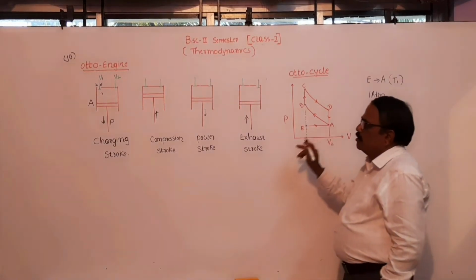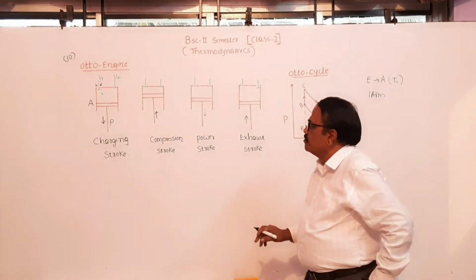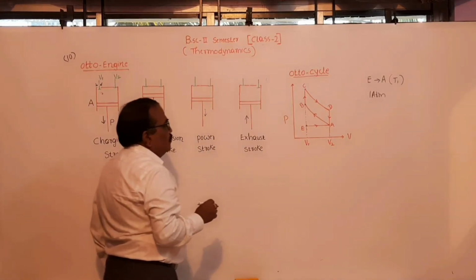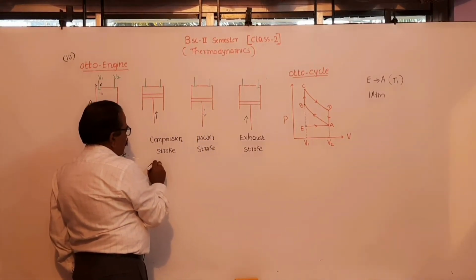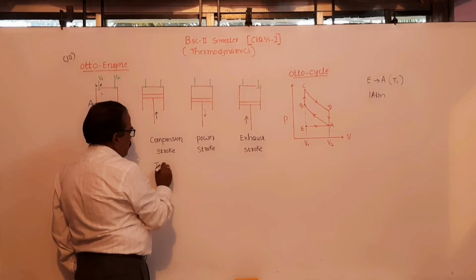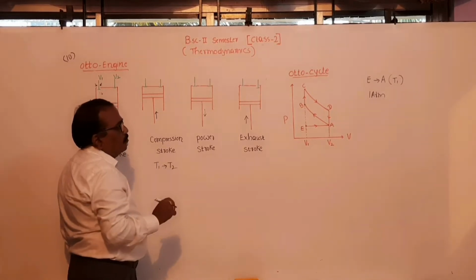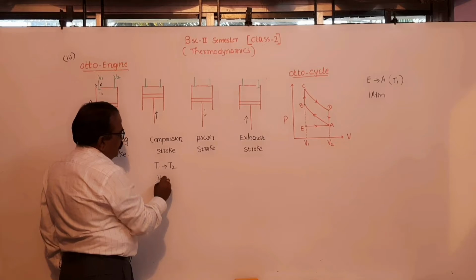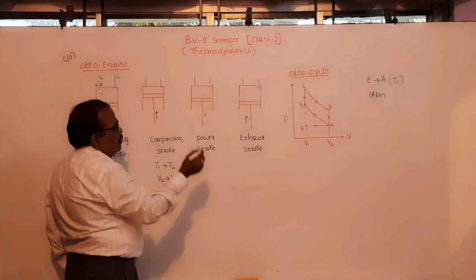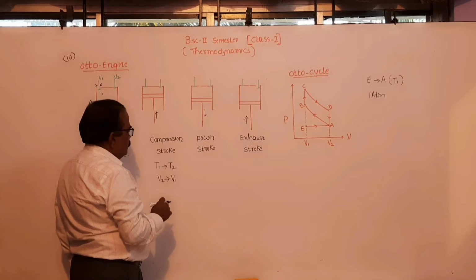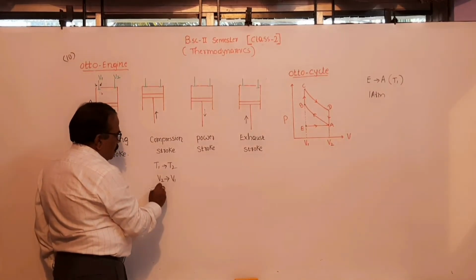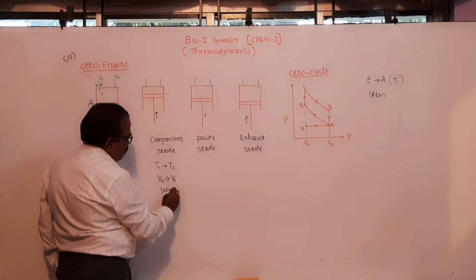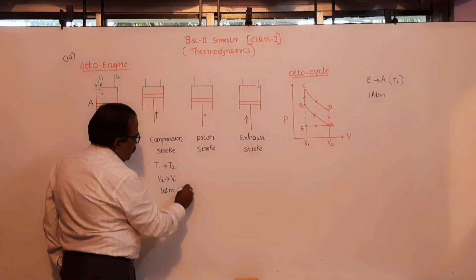Then in the compression stroke we go from A to B. When you go from A to B, temperature changes from T1 to T2, volume changes from V2 to V1, and pressure changes from 1 atmospheric pressure to about 18 atmospheric pressure.